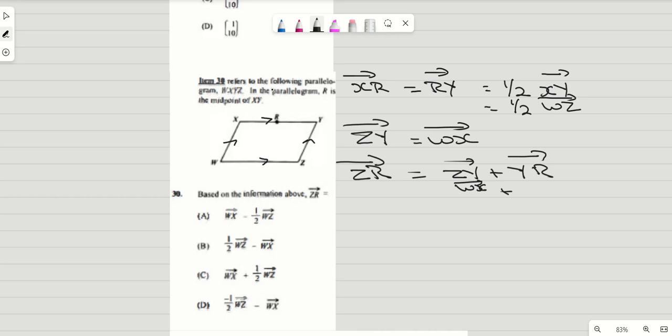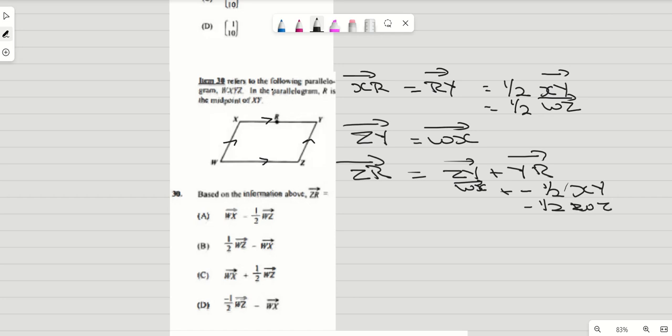Now we have RY is half of XY, but we want it in the opposite direction, so it will be minus a half WZ.